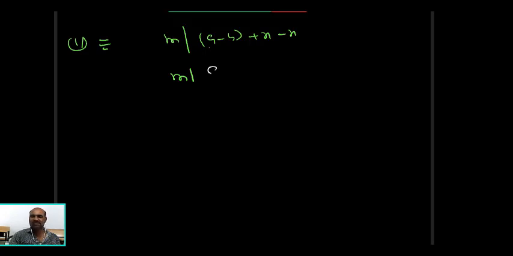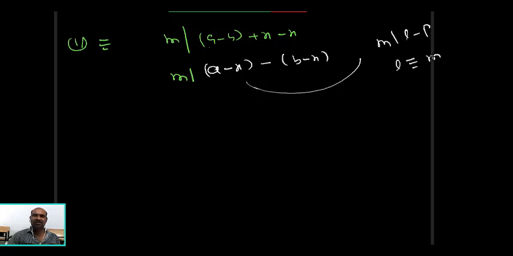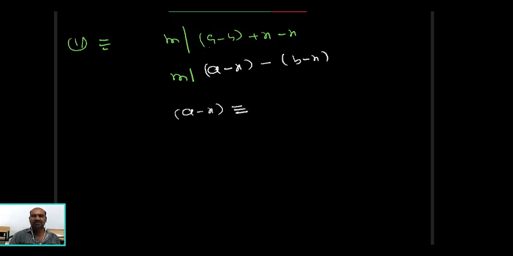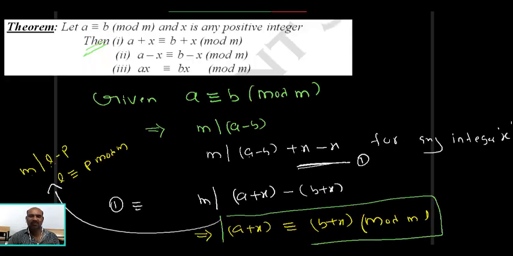Now I will group A and minus X. Then minus B plus X, I took minus 1 common, B minus X. Again this is looking just like M divides L minus P, so L is congruent to P modulo M only. So A minus X is congruent to B minus X modulo M. From 1 only I got both the results.